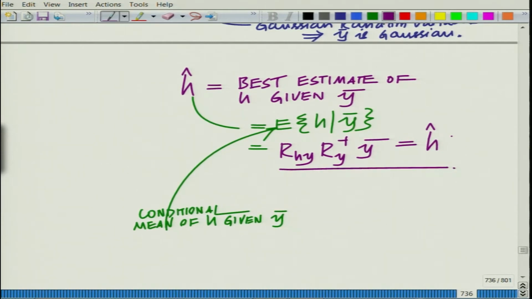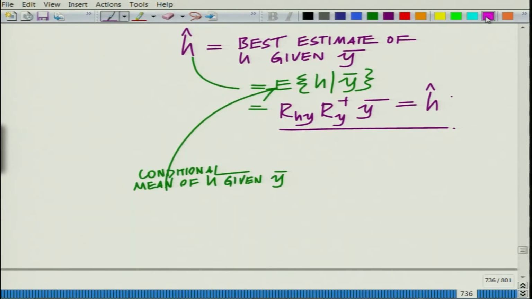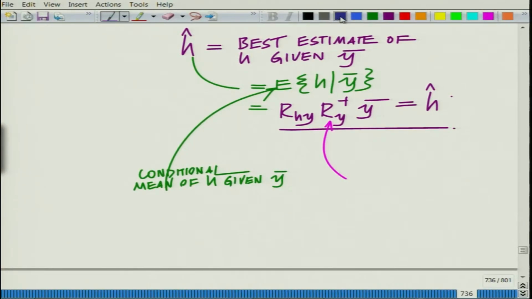That is what we also termed as the MMSE estimate. In terms of learning or estimation, this is the MMSE estimate, that is the minimum mean squared error estimate of the parameter H.